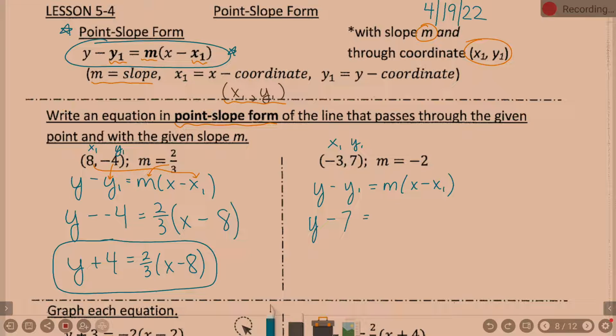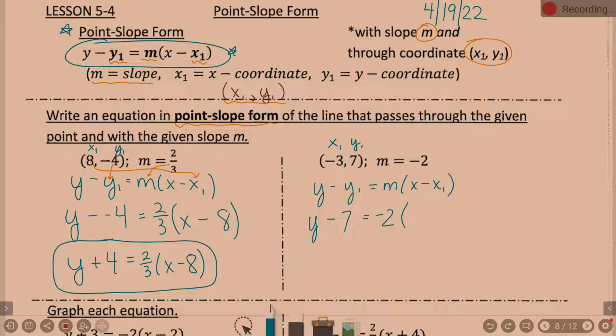So we just make it y minus 7. Okay. What goes in for m? No, m. -2. M equals -2. So I'm going to put -2 here for m.